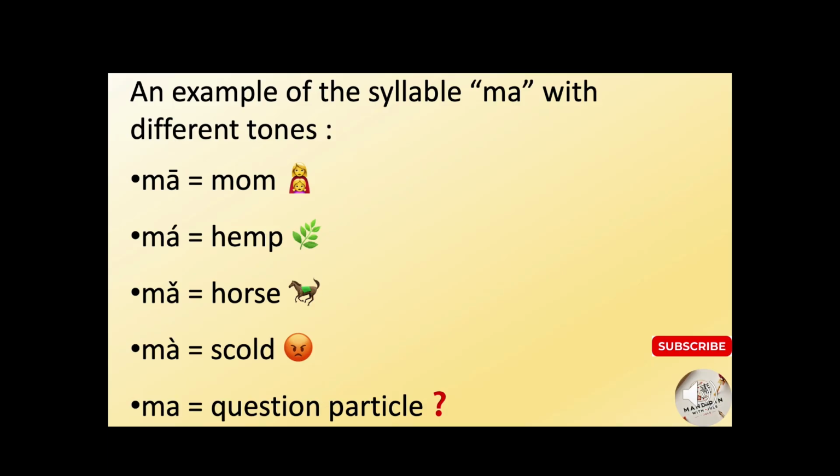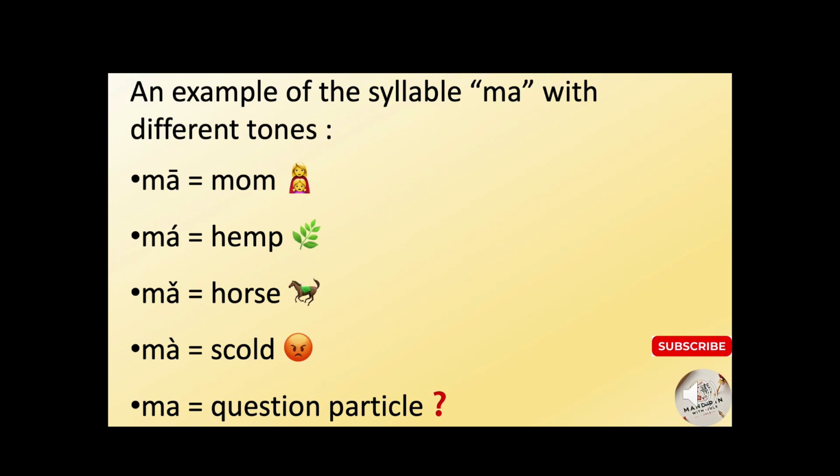Something else about tones. In Mandarin, once the tone of a syllable changes, the meaning changes. I've given an example here of the syllable "ma". When the initial m and the final a come together, they form the syllable "ma". So when we indicate the four tones, we're going to have mā, má, mǎ, mà, and the neutral tone.